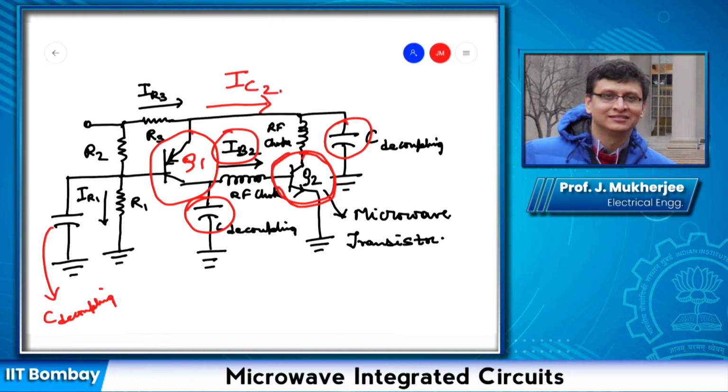Suppose for some reason IC2 increases, where IC2 is this current. Then the voltage drop across this R3 will also increase.